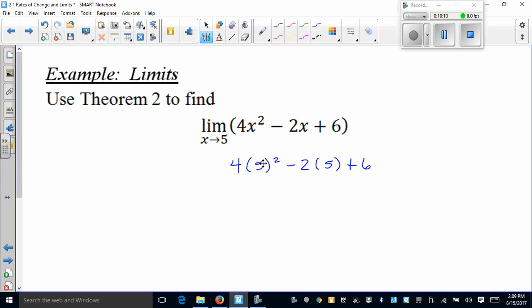So we get 90 plus 6, or 96. So the limit as x approaches 5 of this function is 96. Do not overthink these.